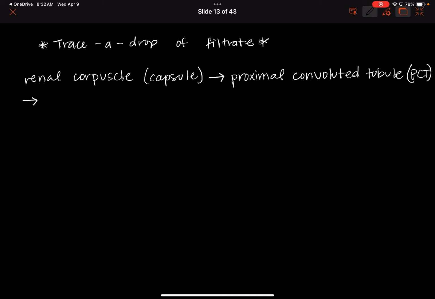And then down the descending limb. Is that how you spell descend? Yes, okay. Sorry, sometimes words look weird.